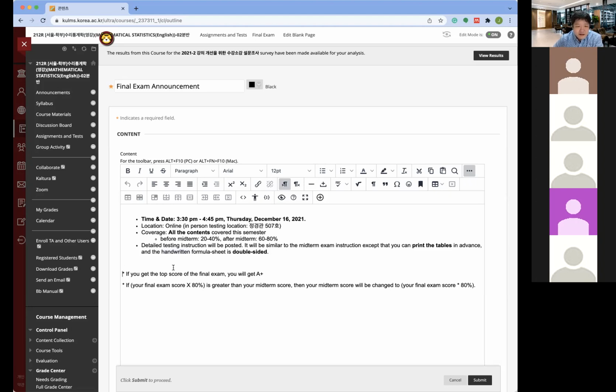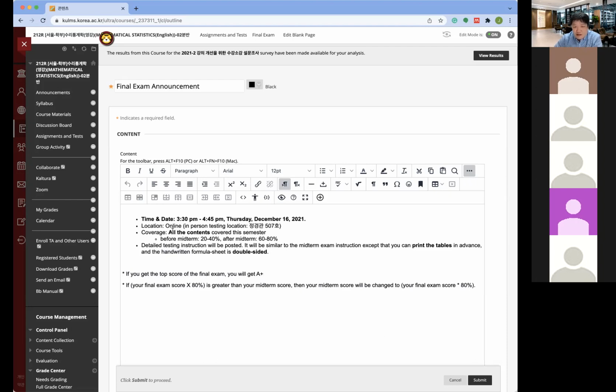And these are some incentives for the final exam. I think I've already talked about it. If you get the top score in the final exam, then you will get A plus, whatever your midterm score and whatever your homework score.